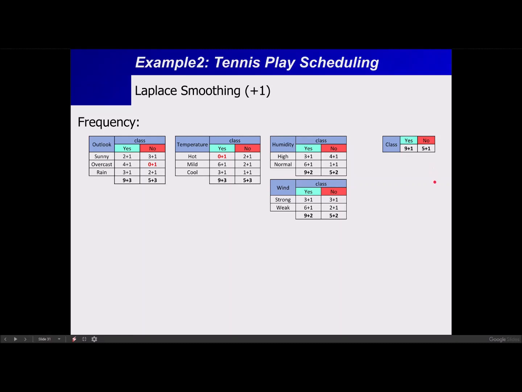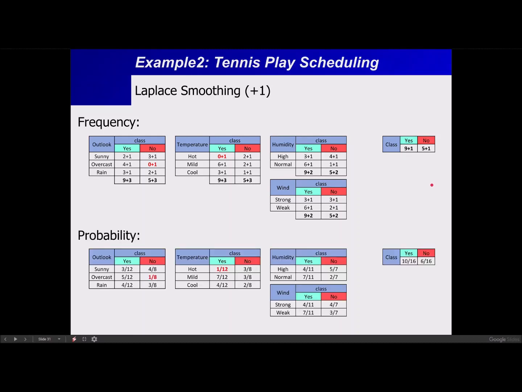But in short, I don't have any 0 element here. Treating this frequency table the same as before, I can derive the probability table with the new frequency values. So these will be the new probability tables that I use.